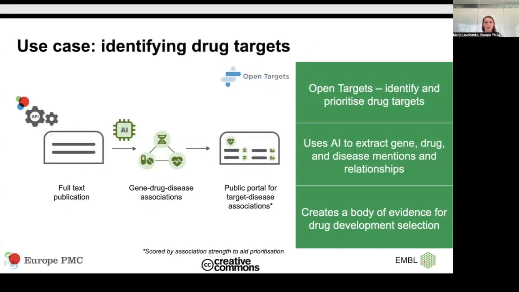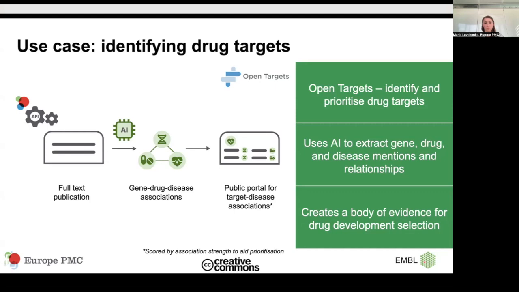So my final use case is the identification of drug targets. So Open Targets is a pre-competitive platform that is developed in collaboration with the pharmaceutical industry and EBI, and it's an open source platform. And what it's doing is helping for the identification and prioritization of drug targets.